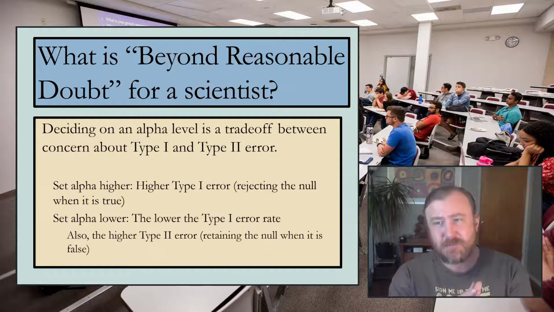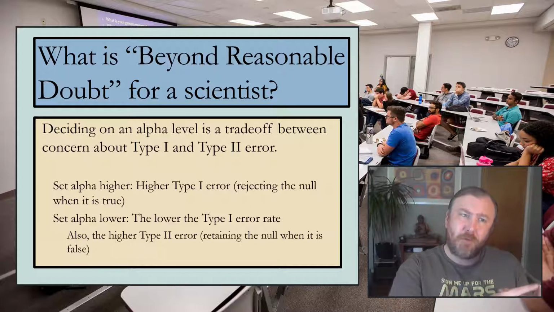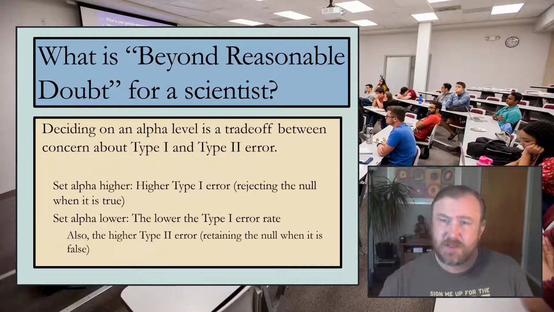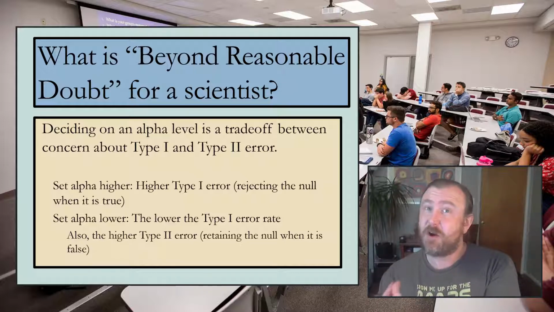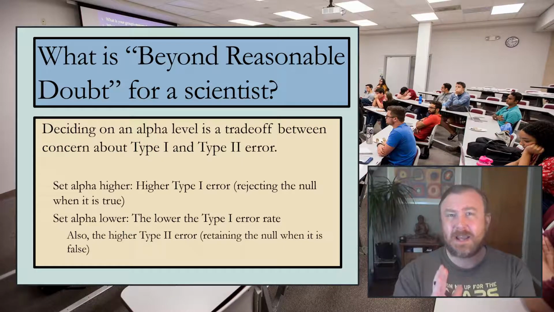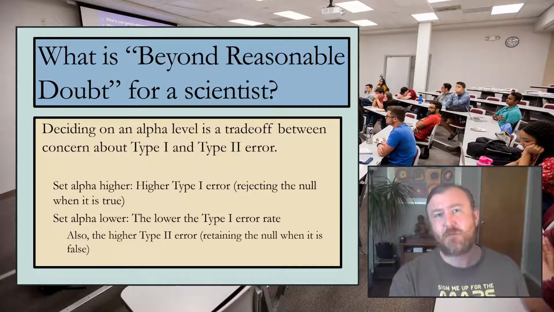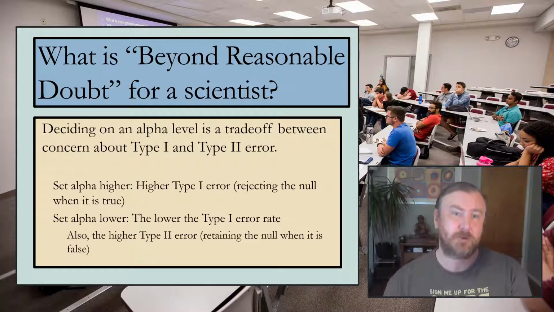And so we could set alpha to be really, really small, and that would make it so our burden of proof is harder. It's more difficult for us to show that someone is guilty, but whenever we do, we're much more confident in it. We're confident that we didn't make an error. Or we can make it easier. We could increase alpha and make it so it's easier to show that someone is not innocent, but we have less confidence in that being true.